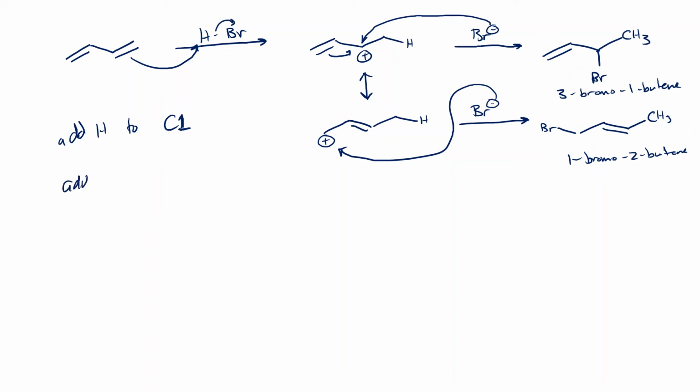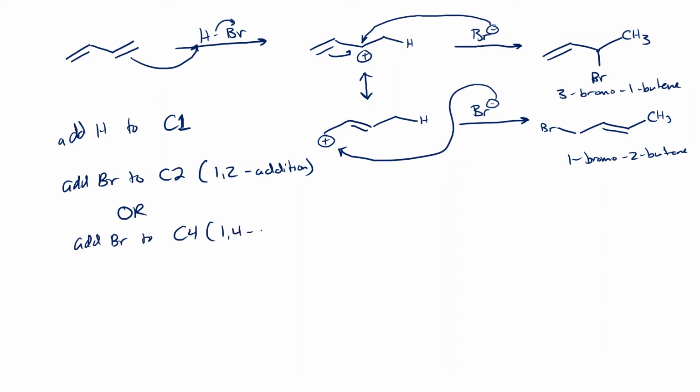We can add the bromine to carbon 2. This is called 1,2 addition, right? So if we add the hydrogen to carbon 1, we add the bromine to carbon 2, we get this compound. Or we can add the bromine to carbon 4.